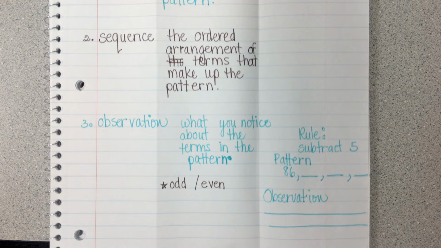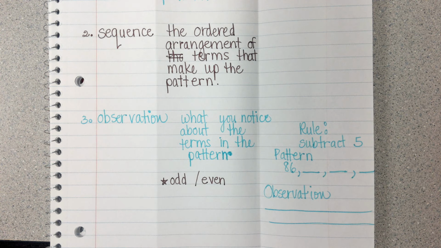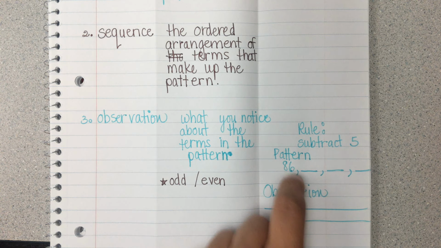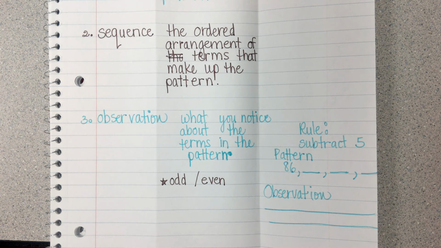Okay, so like I said, this is all going to come together now. The rule that we're going to have is to subtract 5. Yesterday you had to figure out the pattern. That was I think the main part of the lesson. Figure out the pattern.